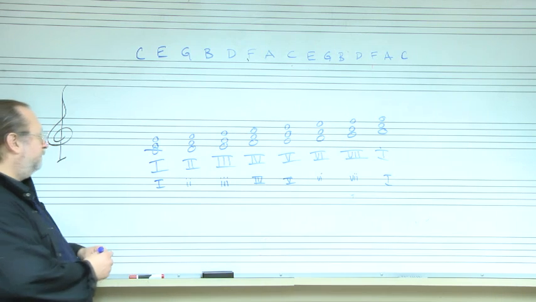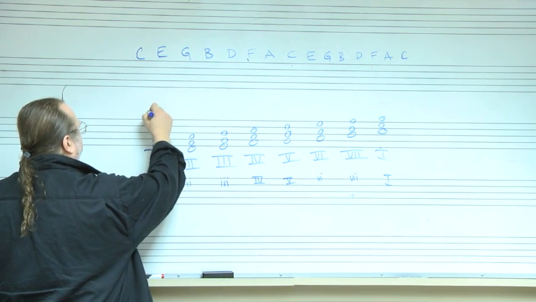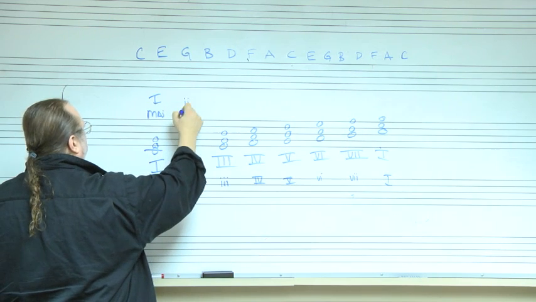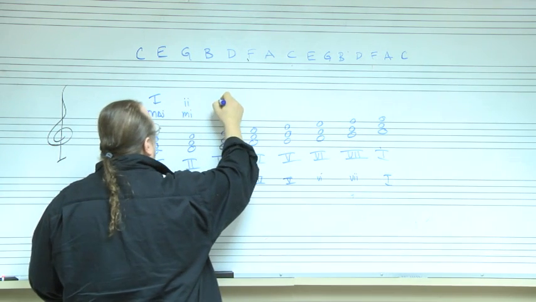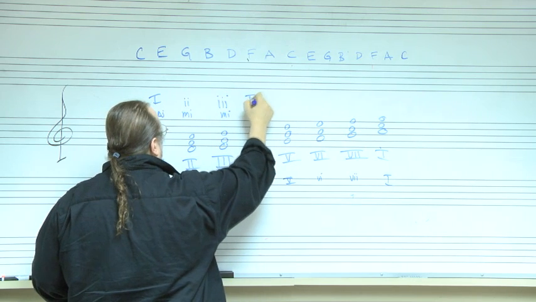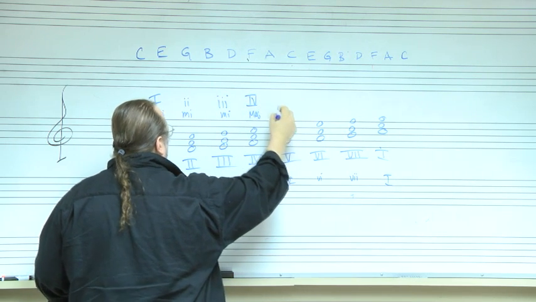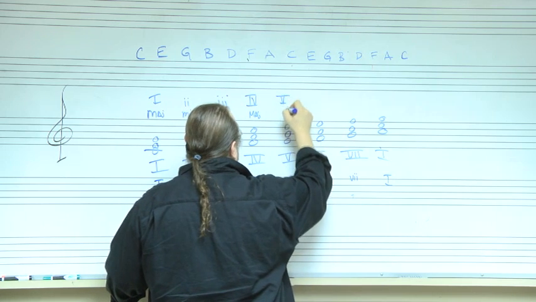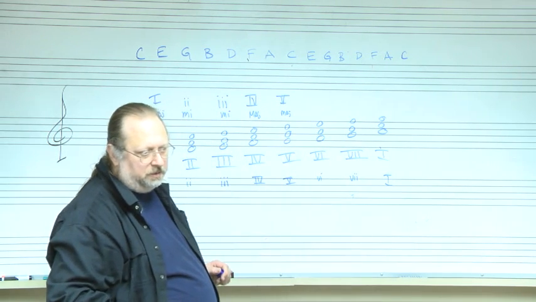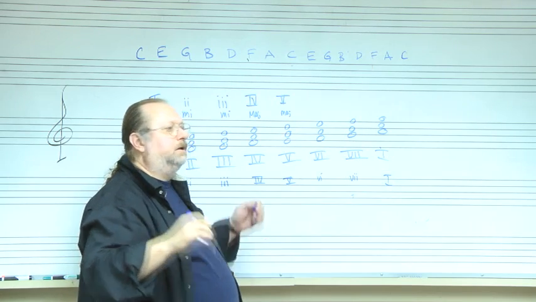So the formulas for these chords are: 1 is always major, 2 is always minor, 3 is minor, 4 is major, 5 is major if it's a triad. If it's a 7th chord, it's dominant.